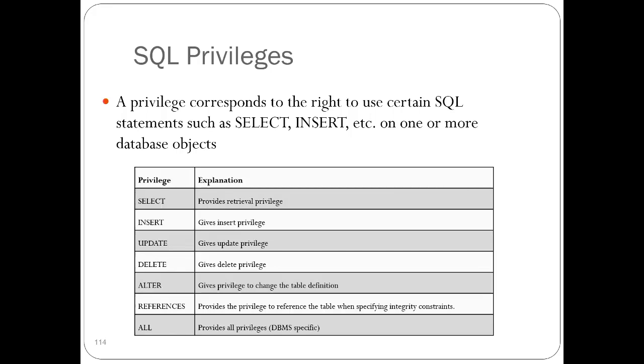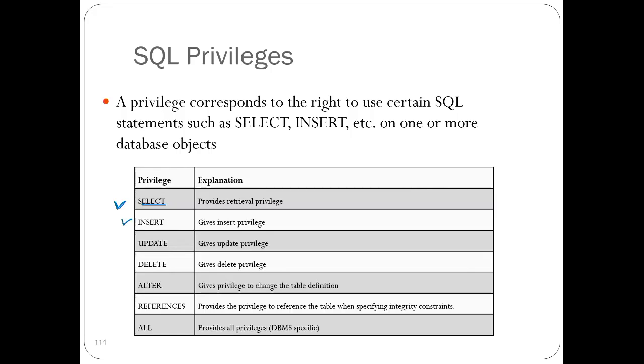We know what select does. You can provide the select privilege to a user. If the select privilege is given to a user on a table, then the user can retrieve information from the table. We can also be specific: when giving a select privilege, you can specify on which columns you are granting it.